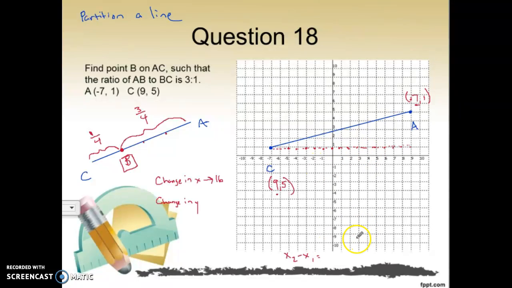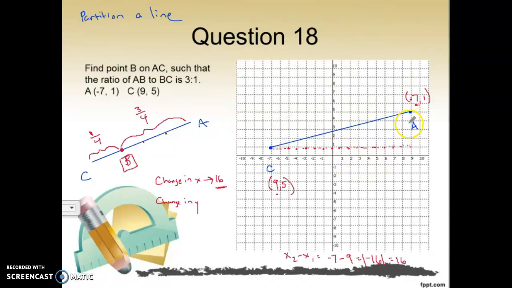X2 would be -7 minus 9, which gives me -16. But remember, when we're talking about distance, we can't walk -16 steps. We can't go to grandma's house -1 miles. So we would look for the absolute value of that, which is 16. Okay, so that's 2 ways to find this number.